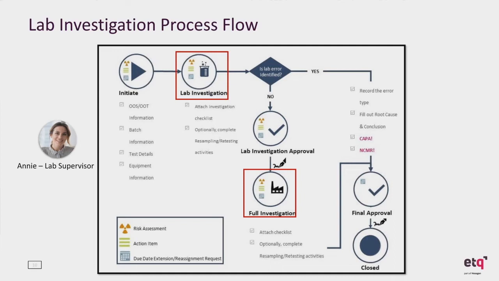If she identifies that the issue is known, she has the ability to go ahead and skip the full investigation. If she does not know what the cause was, she can continue through the workflow process in conducting a full investigation, which is going more into the manufacturing investigation. You know, what in manufacturing may have caused this issue to happen.